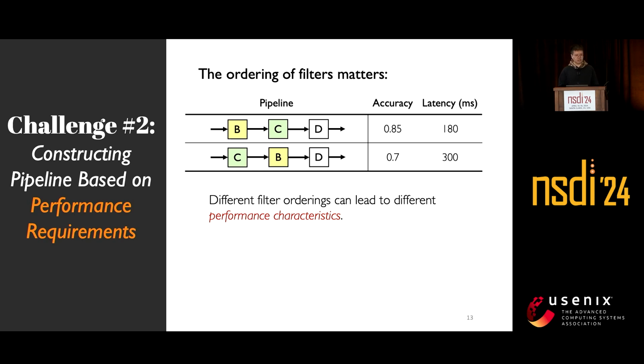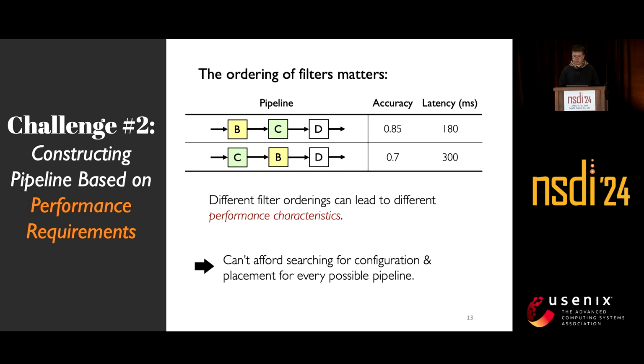Therefore, it is important that we carefully construct the ML pipeline based on users' performance requirement. However, this can lead to large profiling costs if we try out every possible pipeline to perform our joint optimization, especially when there's a high number of filters in the pipeline.